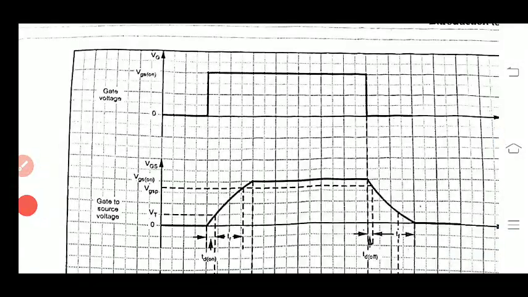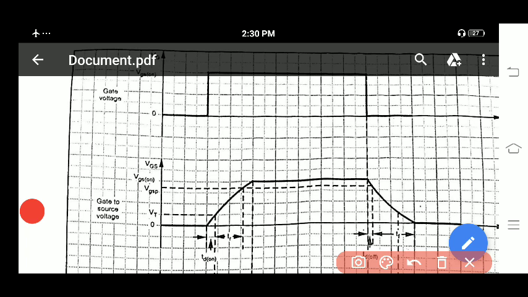The time required for VGS to reach the threshold voltage is called TD on. The time required to increase VGS from 0 to VT is nothing but the delay time.